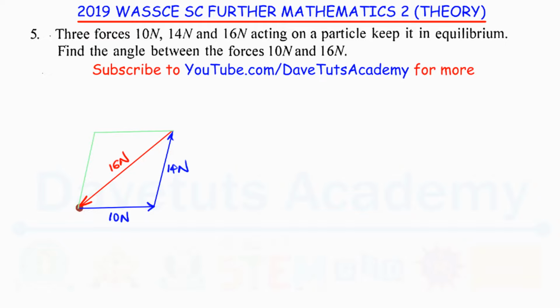So we can say we want to find some angle, whatever angle we can find suitable. I think this is looking very good. We can call this angle theta and we can try to solve for theta. So we want to look at the effect of the forces at a point. If this is the particular point that we want to find the emanation of each of those forces, we can say the 10 Newton force is acting in this direction, which is quite consistent with what we have initially.